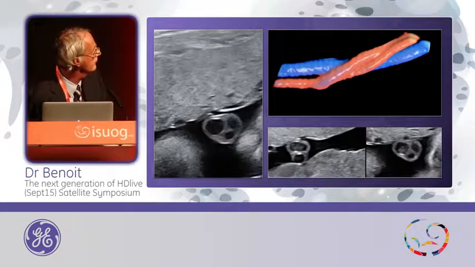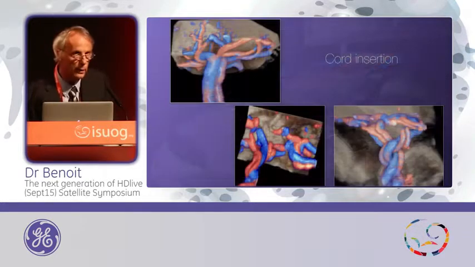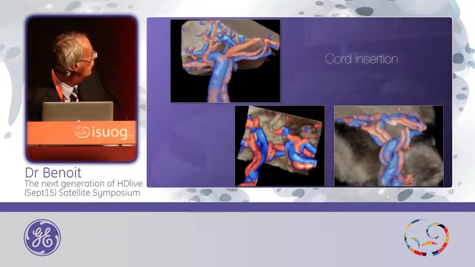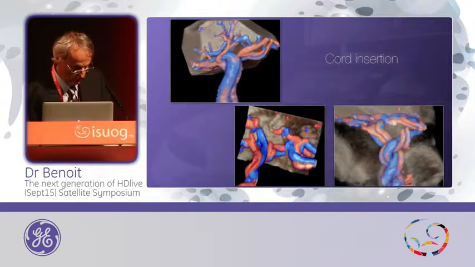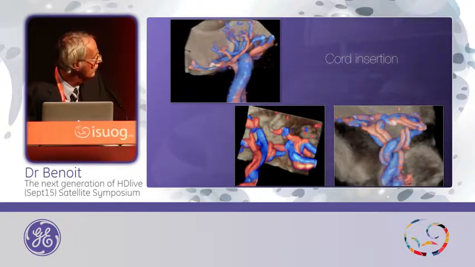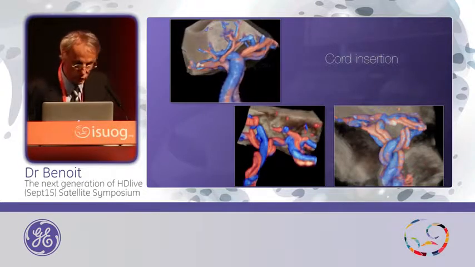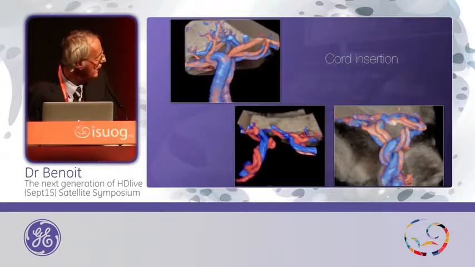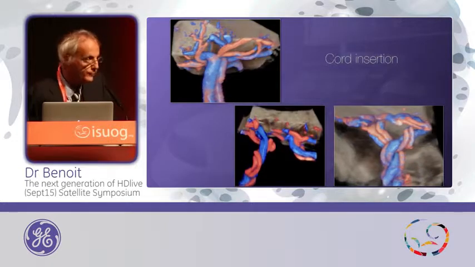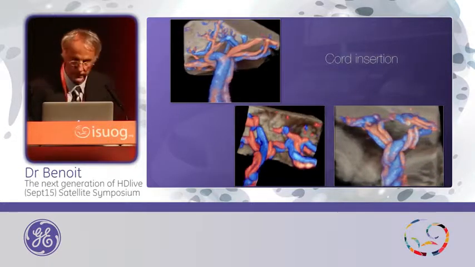Insertion of the cord: this one in a singleton, in only one fetus. The second one was monochorionic diamniotic twins with the insertion of the two umbilical cords. And the last one was a monoamniotic twin with a tangled umbilical cord.